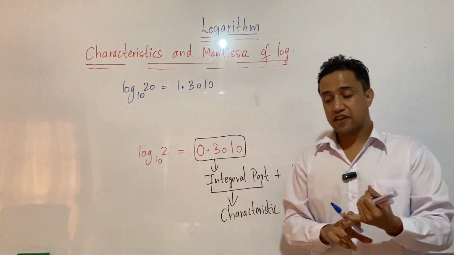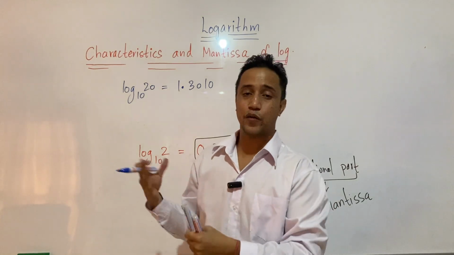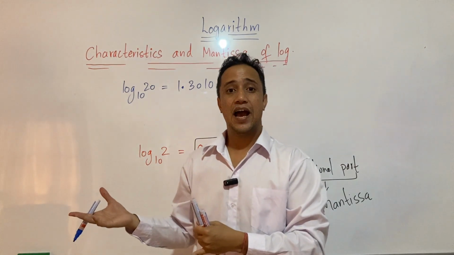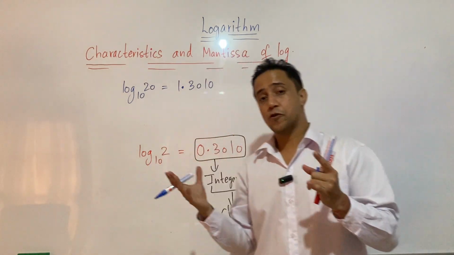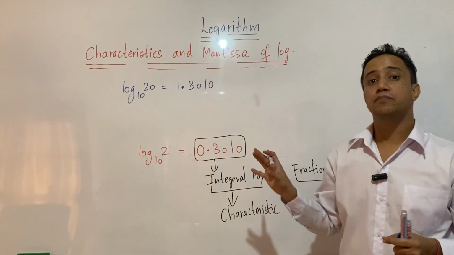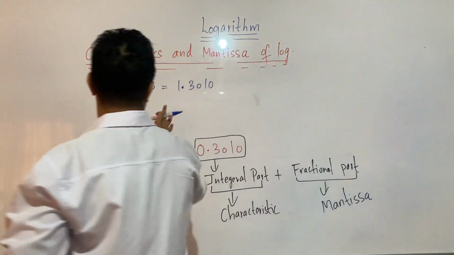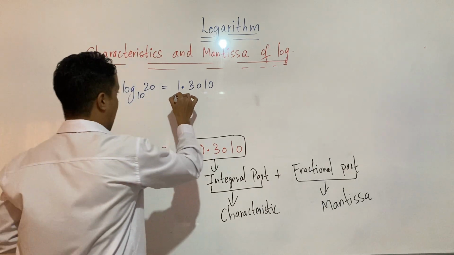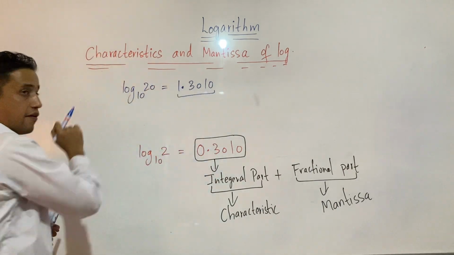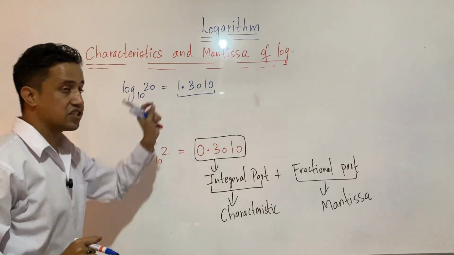If you know the value of log 2, then it's very easy to memorize the value of log 20, log 200. So you have to find those patterns, and it's better if you memorize a few values.